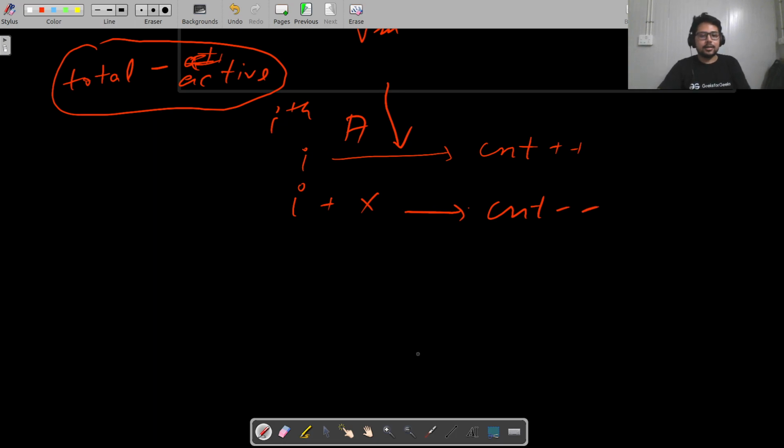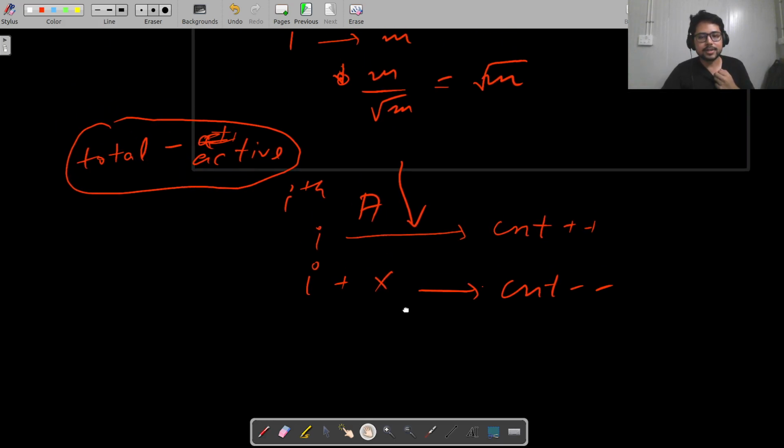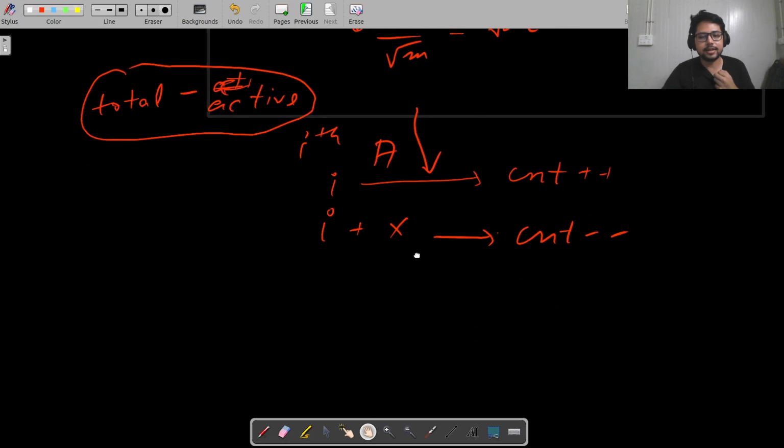I can do it for all the root m segments that I will be getting, since I will at max get root m segments because x plus y is greater than root m.